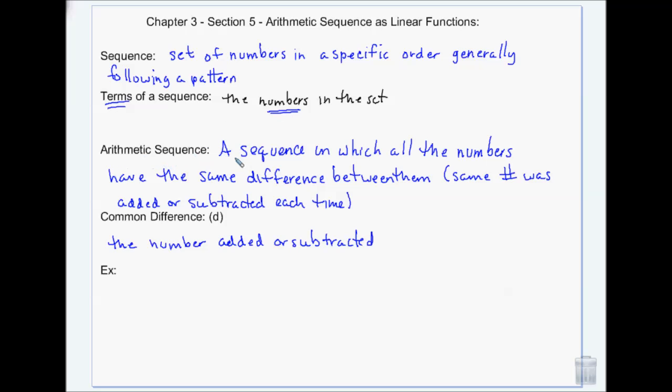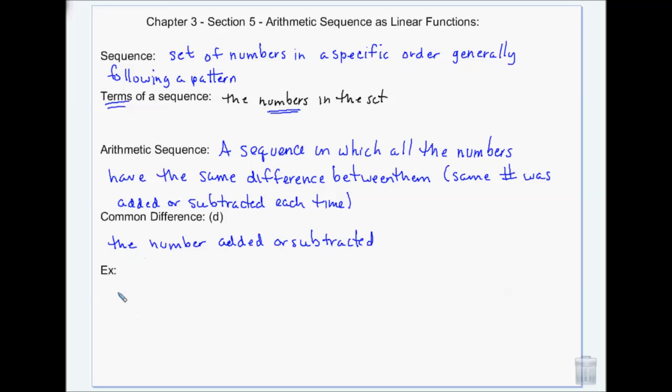Okay, an arithmetic sequence is a sequence in which all of the numbers have the same difference between them. So as you go down the list, the same number was added every time or the same number was subtracted every time. And the common difference is that number that you were adding or subtracting.